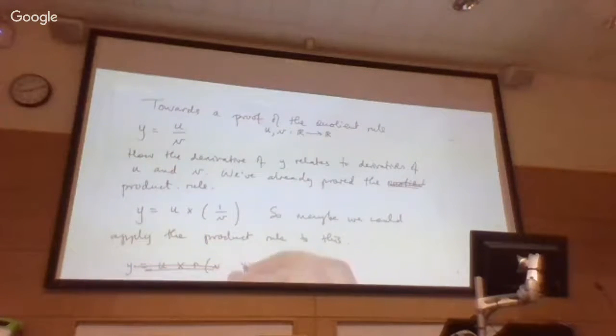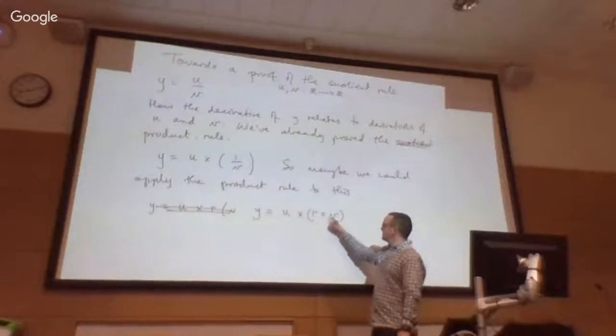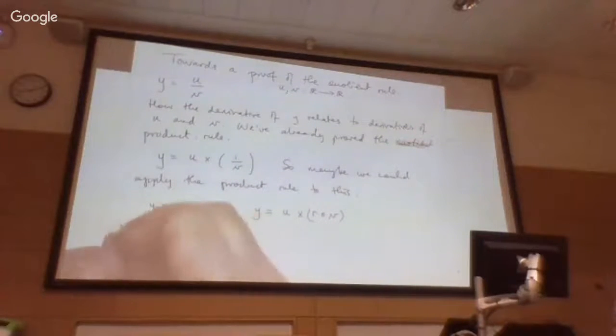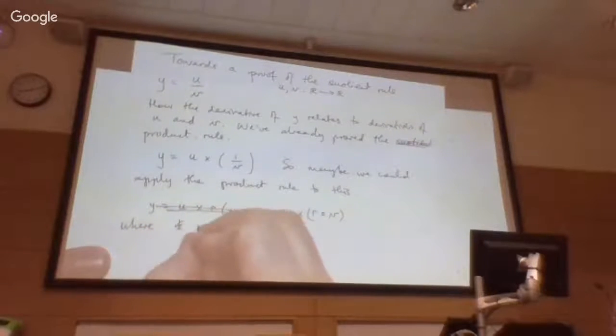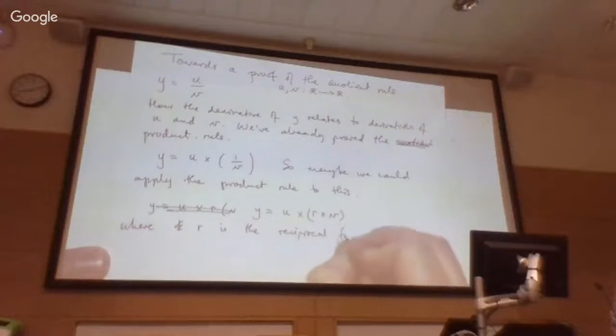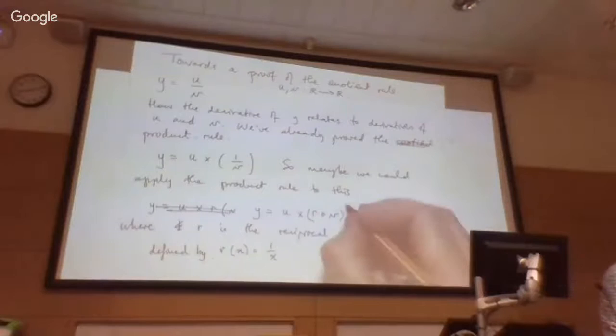Let's write it like this: y is equal to u times the composition r after v. Another way of viewing y, again using the product operation between functions and the composition between functions. But what's this r? This r is the reciprocal function, defined by r of x equals 1 over x. And that circle is composition of functions.